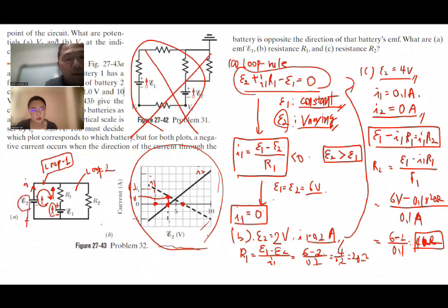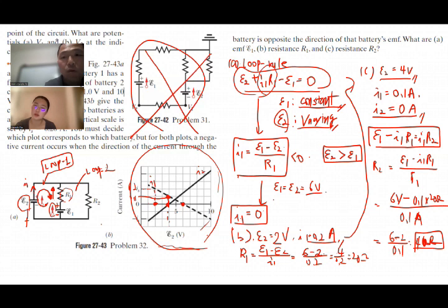But if you look at this R1, the current produced by E1 is opposite to the direction of the loop, right? So that should come with the plus sign. If the current is opposite to the direction of the loop along the resistor, that resistor should come with a positive sign. Okay.